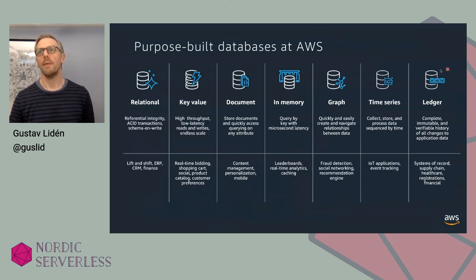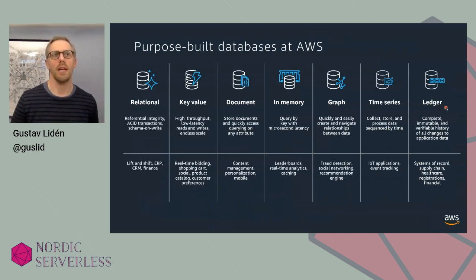The ledger database, on the far right of this slide, is currently only occupied by QLDB, whereas, for example, relational would include RDS and Aurora, etc. So it is a new slot for all of the different purpose-built databases at AWS.